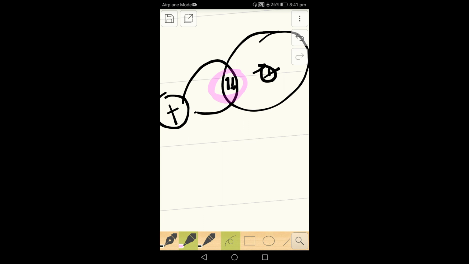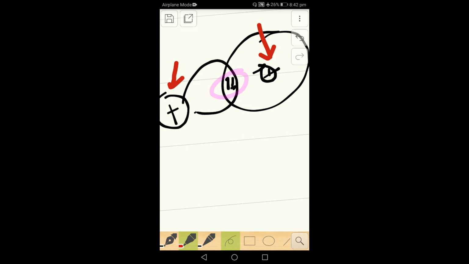Now this is really easy to understand. For example, these are the electrons, the overlapped electrons. What is the charge of an electron? Electrons are negative charge, isn't it? And what about the nucleus? All these nuclei are positive charge.